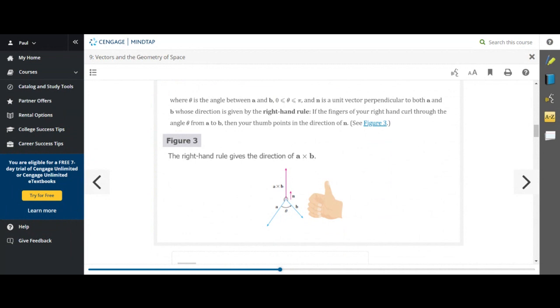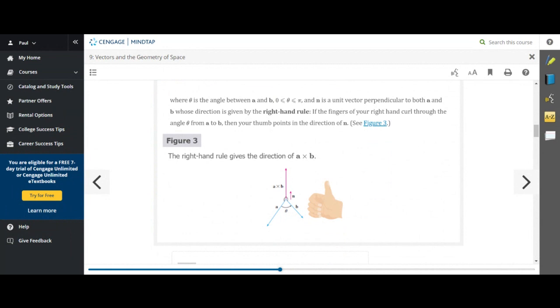And so what's going on here is if you look at the vectors A and B, they're in a plane, right? And there's the angle theta that goes from A to B. If you take your right hand, like they show there, and curl your fingers in the direction from A to B, your thumb points upward.